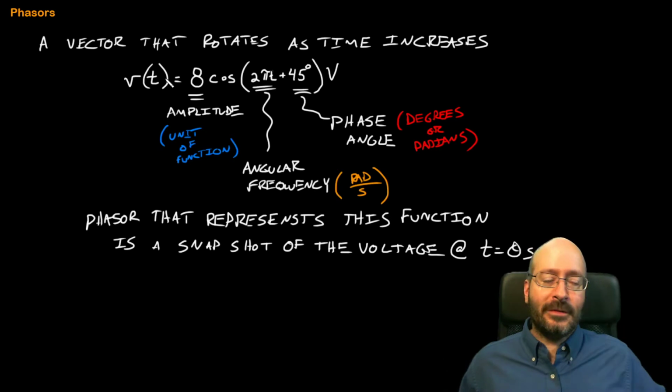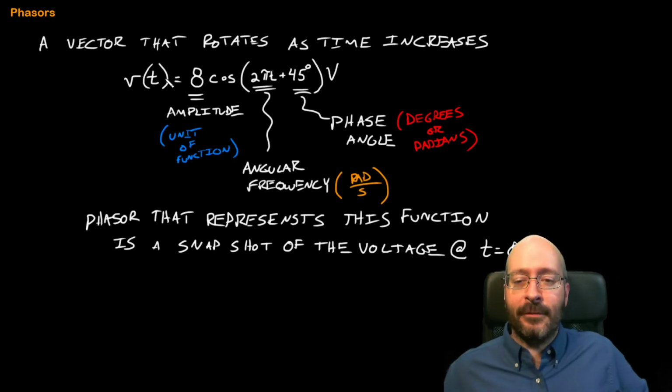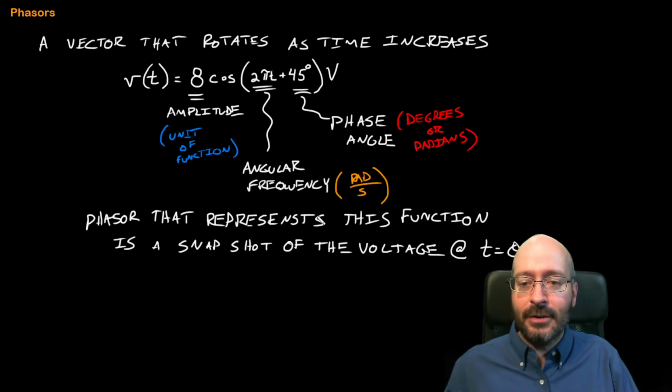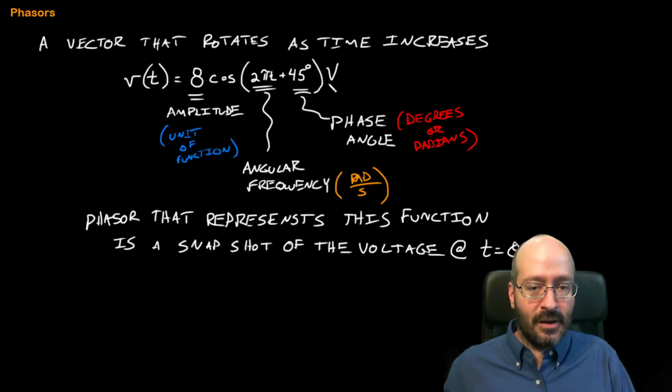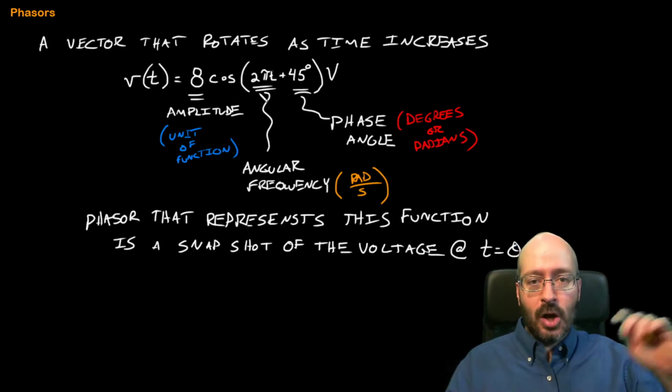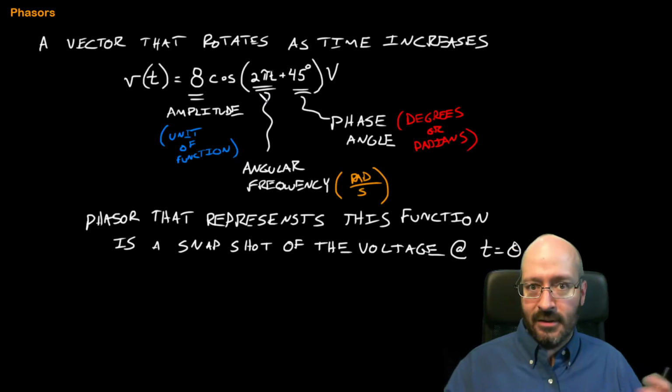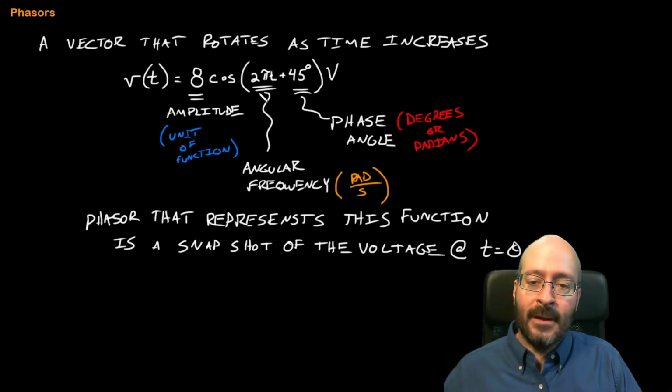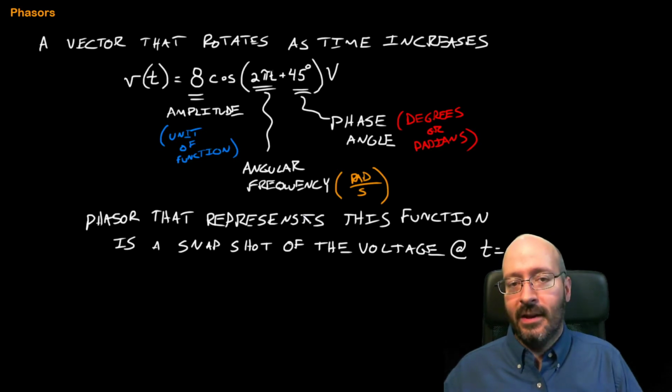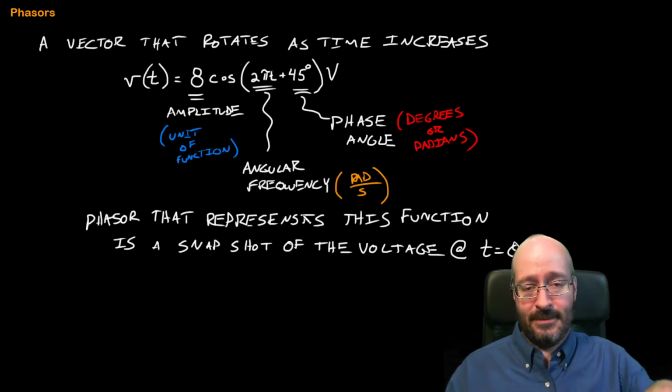Okay, so I chose, just out of thin air, a voltage with an amplitude of 8 volts. The amplitude takes on the unit of the function, and that's how long our vector is as it spins. The angular frequency in radians per second tells us how quickly it spins.